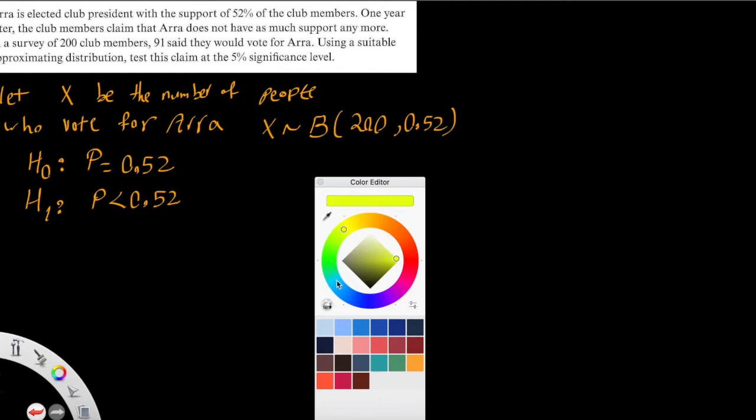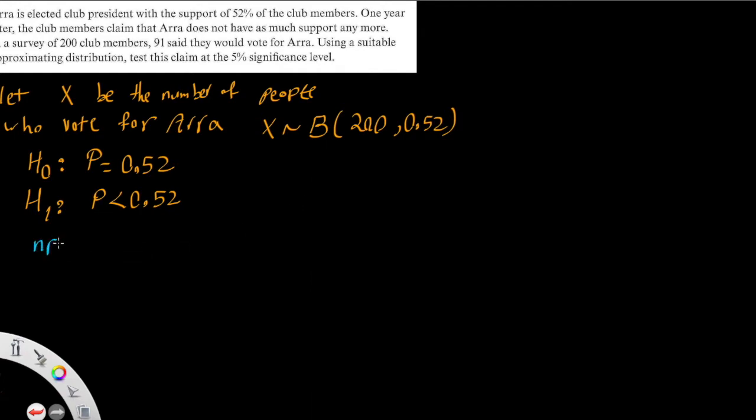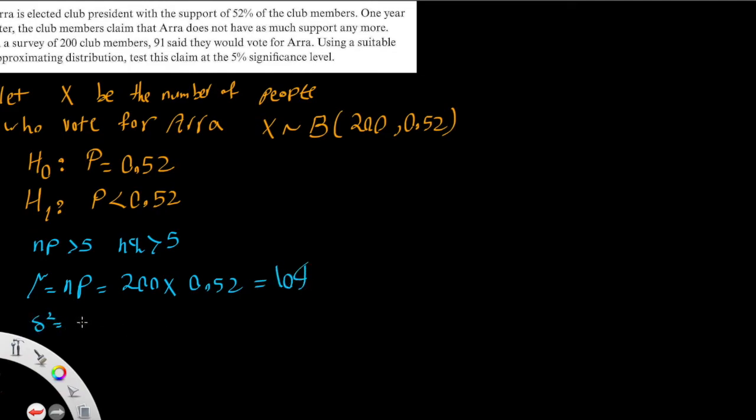Now as actually here NP is greater than 5 and also NQ is greater than 5, so it can reasonably be approximated by a normal distribution, and mu will be NP, which is 200 times 0.52, which is 104, and variance will be NPQ, which is equal to 200 times 0.52 times 0.48, which is 49.92.